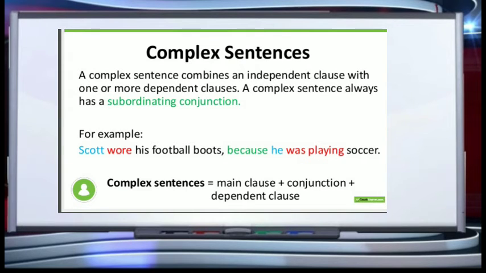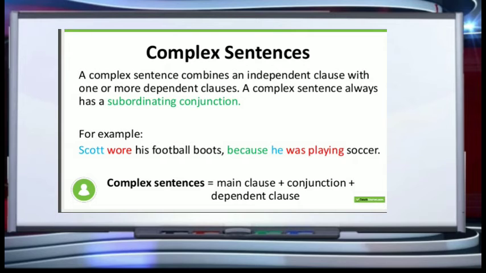Now next, coming to the complex sentences. A complex sentence combines an independent clause with one or more dependent clauses. A complex sentence always has a subordinating conjunction that joins an independent clause to a subordinate clause. For example, Scott wore his football shoes because he was playing soccer.